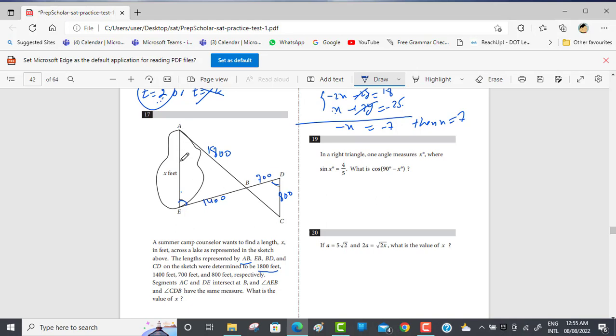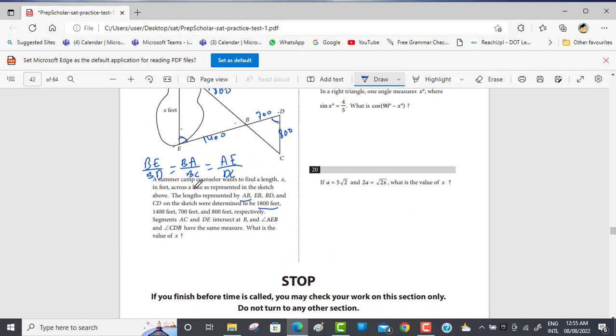Or you can use Thales because these two lines are parallel, so you can say BE over BD equals BA over BC equals AE over DC.